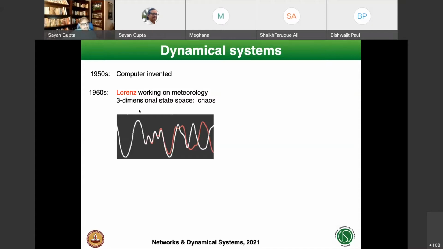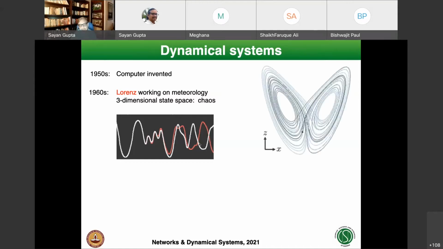If this white line was the integration that he was carrying out on his computer, one day he stopped the integration and then started it again with the initial conditions that he got. He observed that the trajectory initially followed the same path, but then it started diverging tremendously. So this was the first indication of chaos, and also of extreme sensitivity to initial conditions.